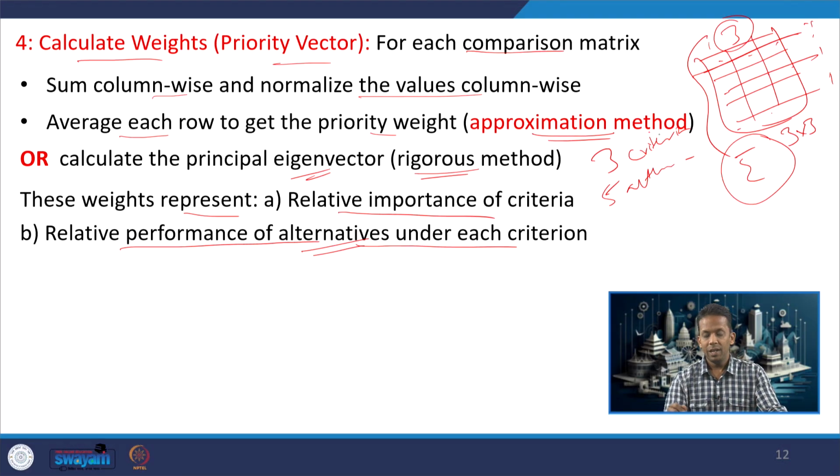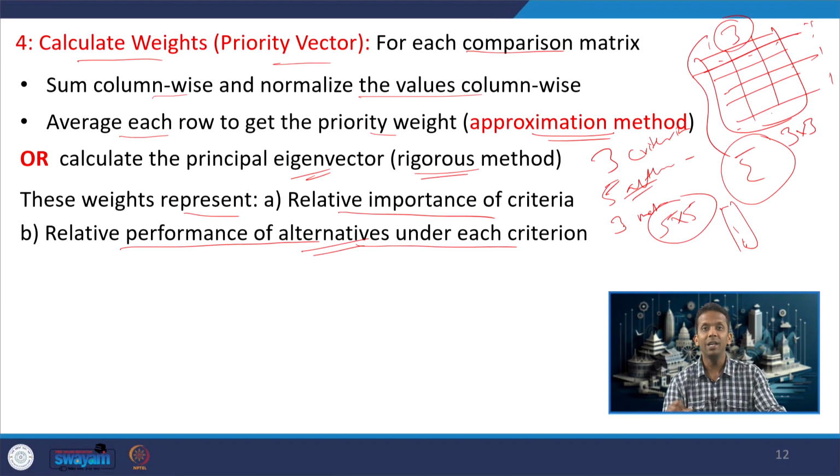Now under each criteria, when we have to compare 5 alternatives, we will get 3 more matrices of 5 by 5 order, because there are 5 alternatives. From these we will get 5 values for the alternatives under each criteria, so we will have 5, 5, 5, 15 values. That will give us the relative performance of alternatives under each criteria.